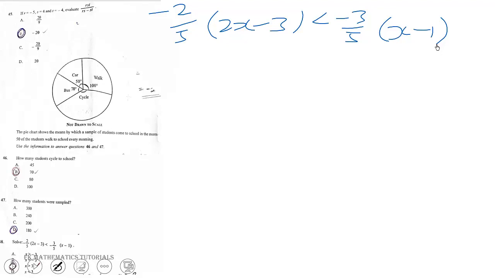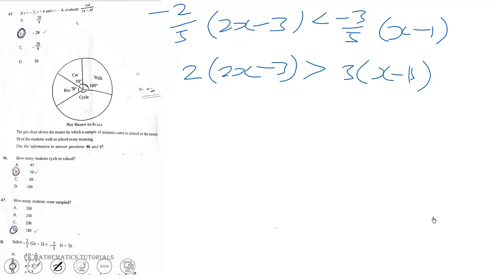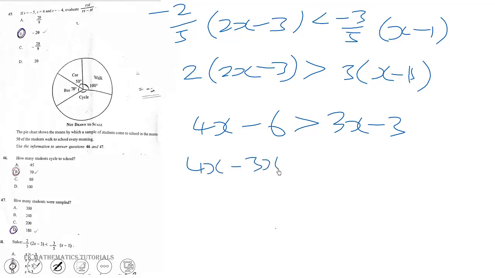So that will give us 2 into 2x minus 3 is greater than or equal to 3 into x minus 1. So let's expand to get 4x minus 6 is greater than 3x minus 3. So 4x minus 3x is greater than negative 3 plus 6. Therefore, x is greater than 3.